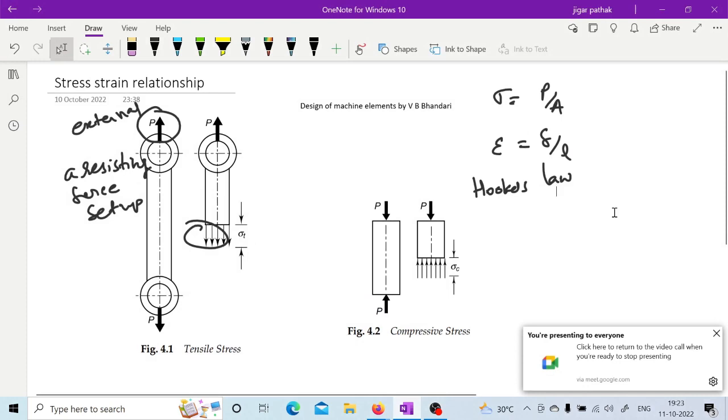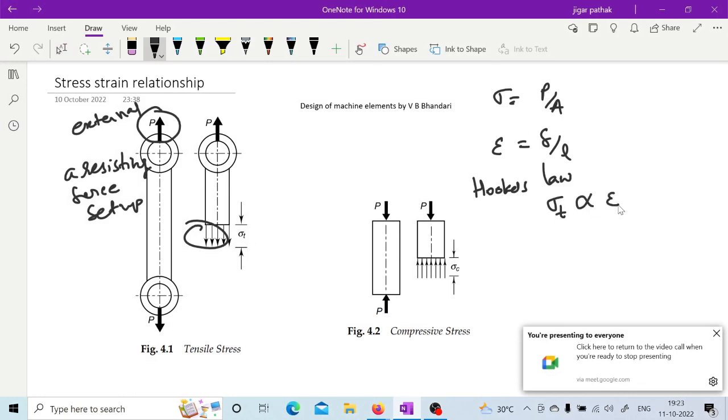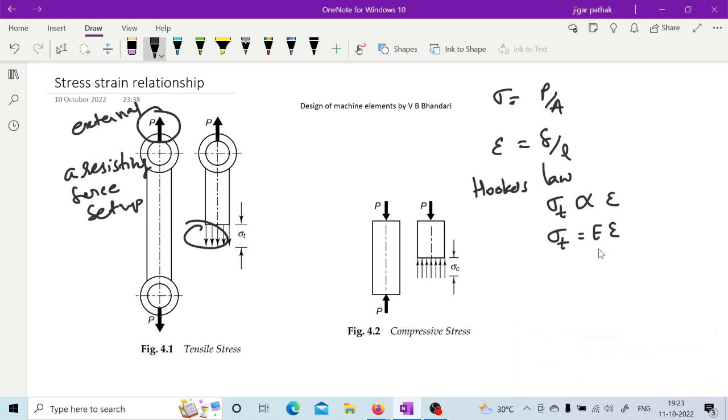Okay, so now Hooke's law, as we have mentioned here, says that stress is proportional to the strain, right? And this proportionality constant is nothing but Young's modulus, right? So this is how you have sigma equal to Young's modulus into strain.